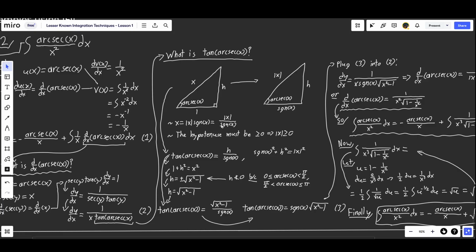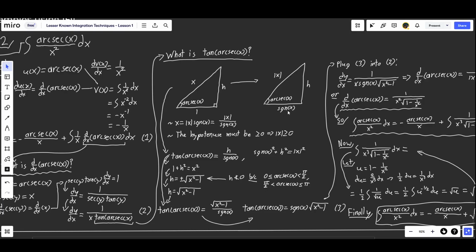We luckily don't have to worry about when x is equal to 0 because arcsecant of x cannot accept 0 as an input. So if we allow the absolute value of x to be the hypotenuse and sign of x to be the adjacent side, this is a right triangle that fixes the caveat that the original right triangle had.